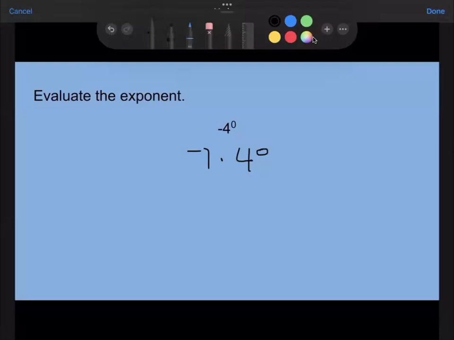So what we need to do is first evaluate 4 to the 0 power. As I talked about in a previous video about evaluating exponents, any base to the 0 power is 1. So I'm going to replace that 4 to the 0 power with 1, and then we have -1 times 1, which gives us -1. So -4 to the 0 power is the same as -1.